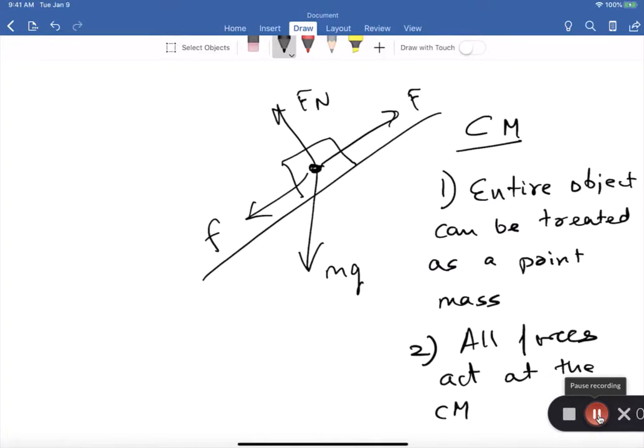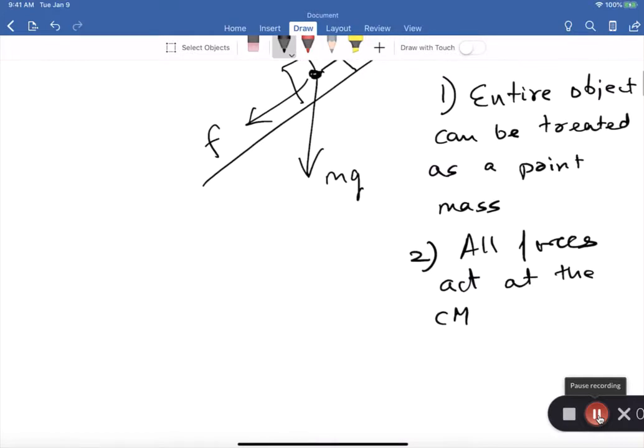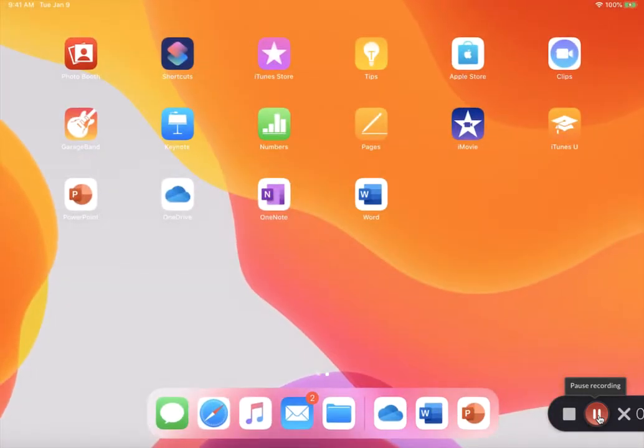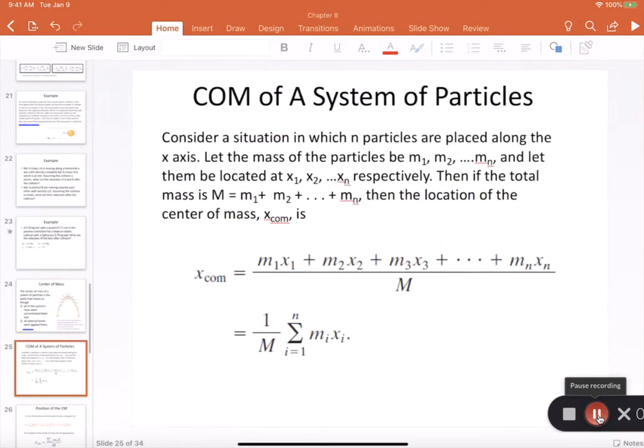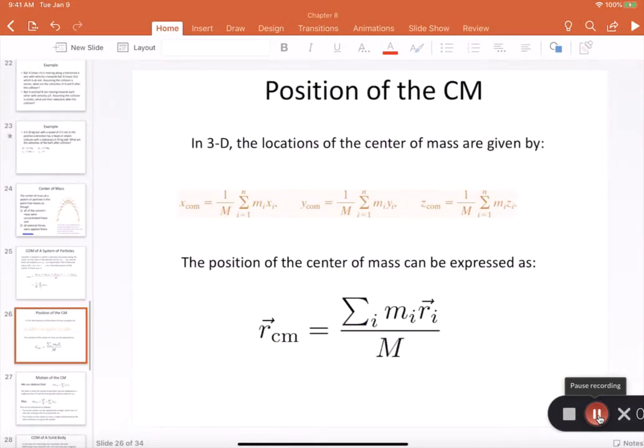Okay. So how do you find a wonderful point like this, which has these nice properties? We talked about the formula for locating the center of mass, and that formula was right here. These formulas tell you how to find the center of mass of a system of point masses.